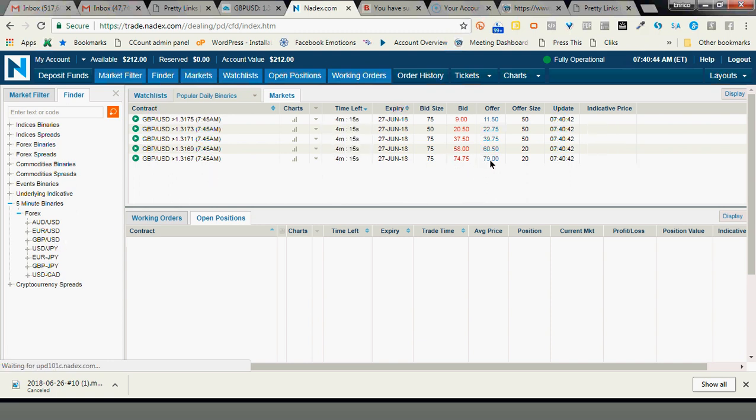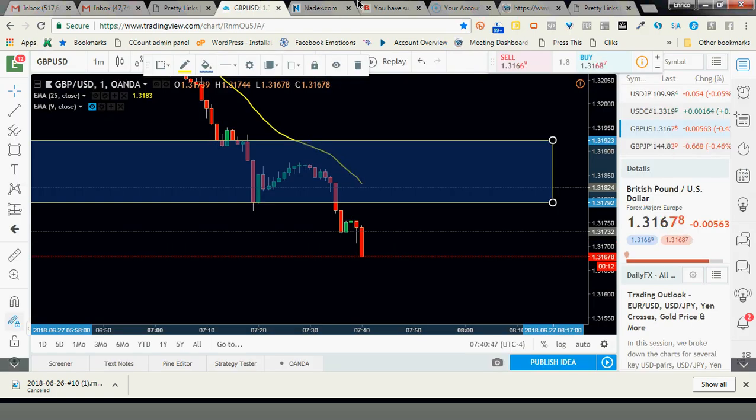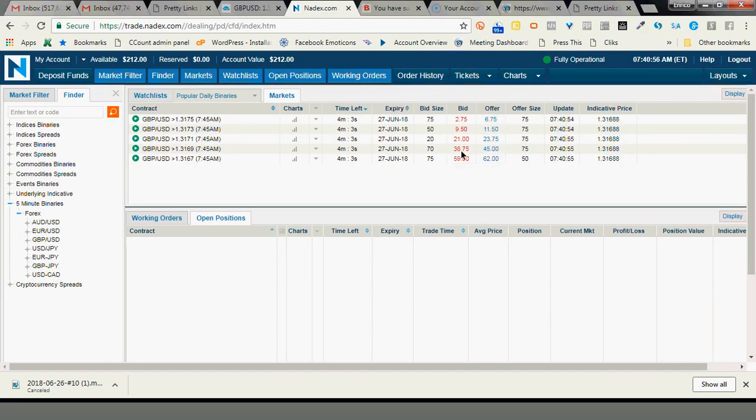What prices are they building? So they aren't buying anything right now. 31.68 is being sold down. So they're selling down 68, 66. They're selling down high 68, more like 70.